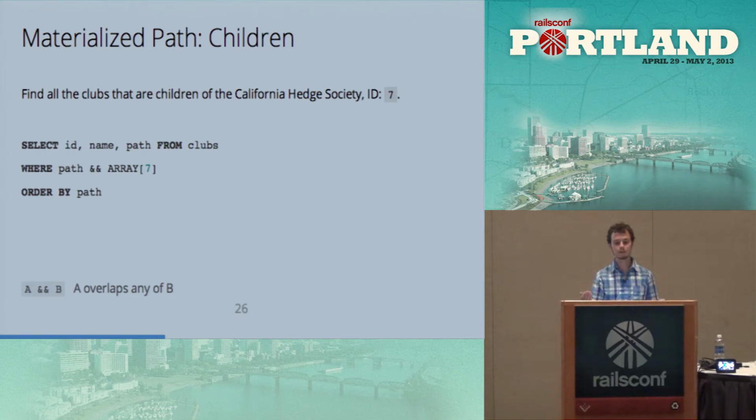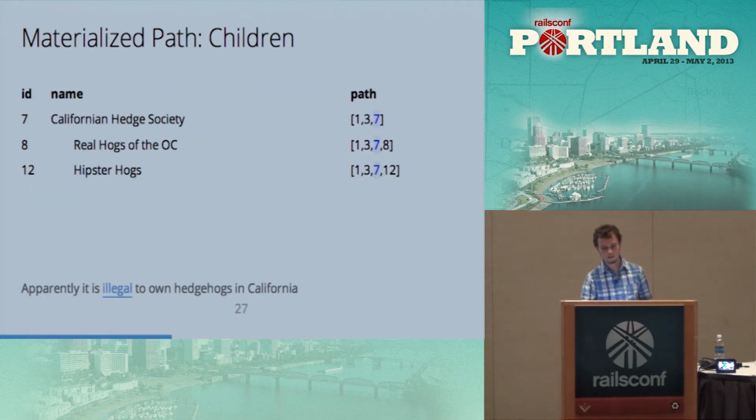So if we know that the California Hedge Society's ID is 7, we can just look for all of the records whose path overlaps the array 7. As you can see, this means that you're going to get back the California Hedge Society itself, real hogs of the OC, and the hipster hogs, because each of these have California Hedge Society's ID in their path.